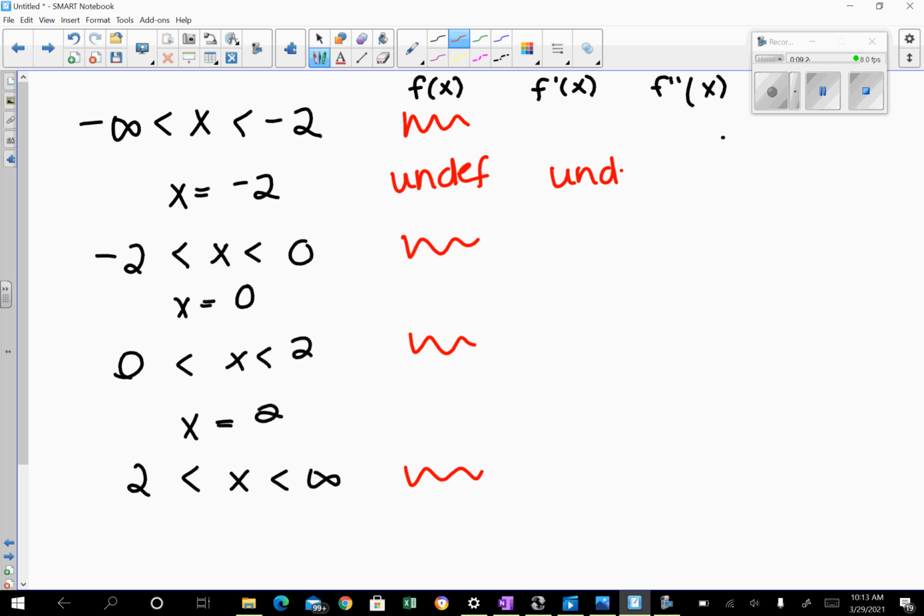And it's also undefined in the first derivative and the second derivative, and the reason for that is because it's a vertical asymptote.